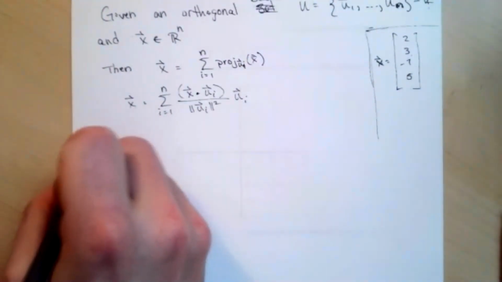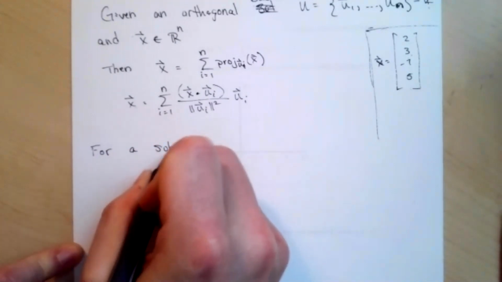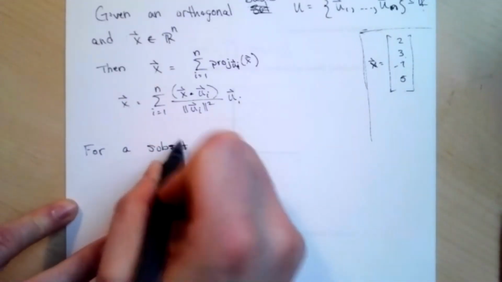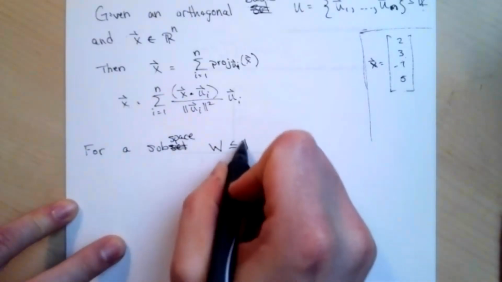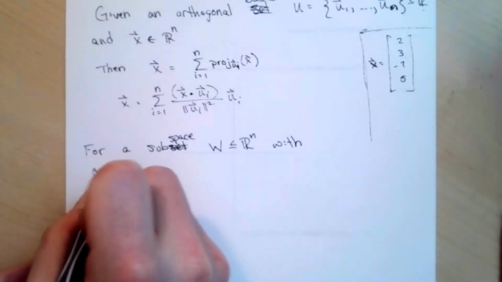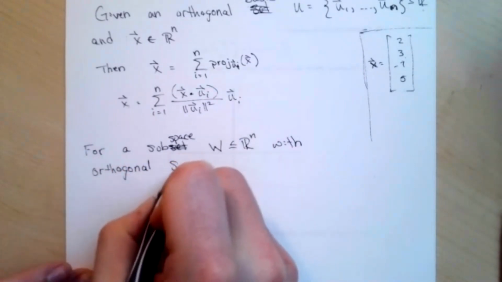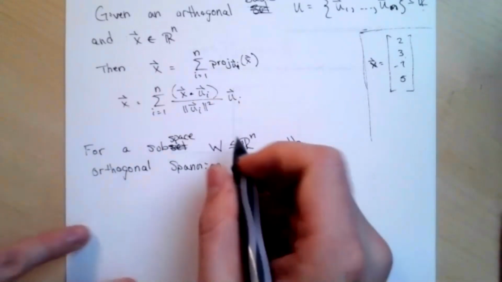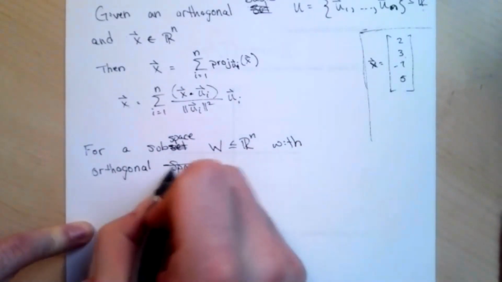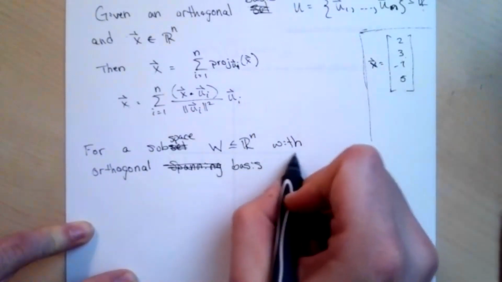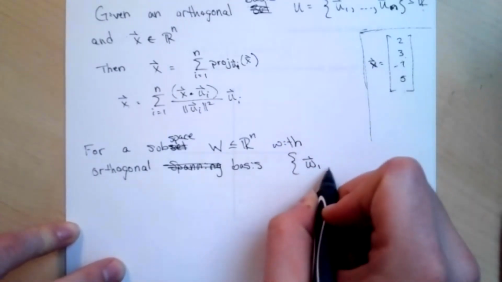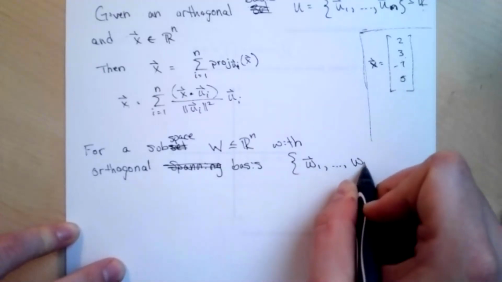For a subset, let's call it W, and actually a subspace, so it is a vector space of Rn with an orthogonal basis. It doesn't necessarily have to be orthonormal, but let's call our basis vectors W1 up to Wm.